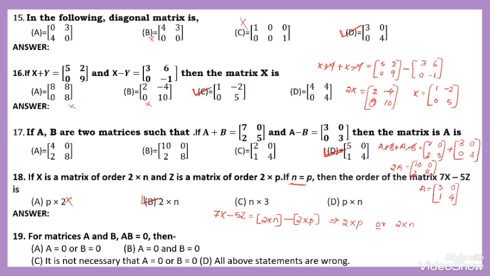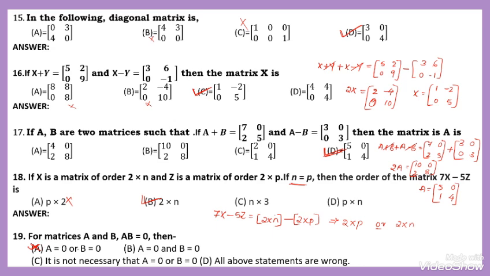If any one of the matrices is 0, then you will get 0. Yes, definitely. But this is not possible all the time. Therefore, this option is wrong.